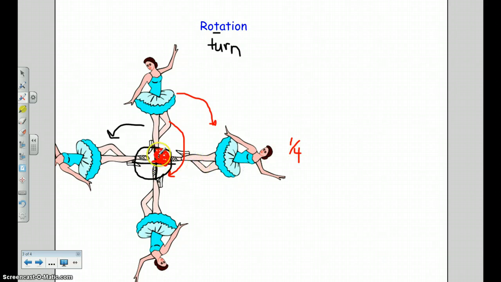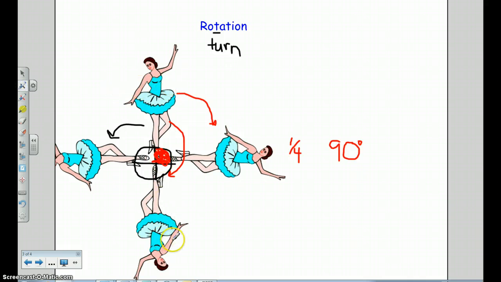And if I know anything about this picture in fourths, I can see that I have perpendicular lines. I've got a 90-degree angle. So she turned a 90-degree angle, or 1/4 of the circle. Now, my ballerina who's facing down below, she turned half of the circle. So she made a 2/4 turn.